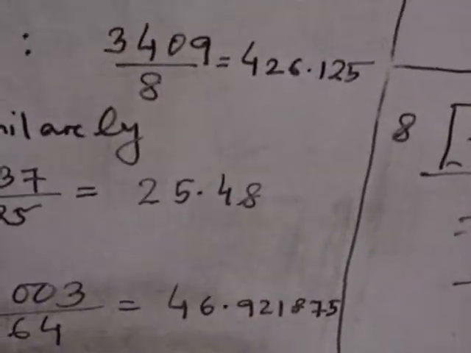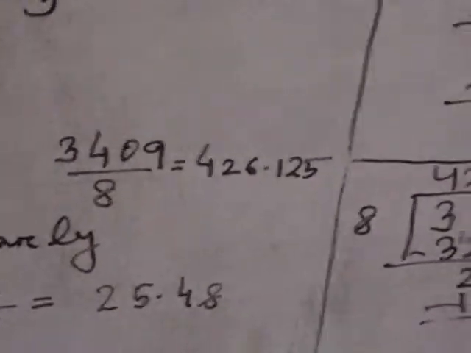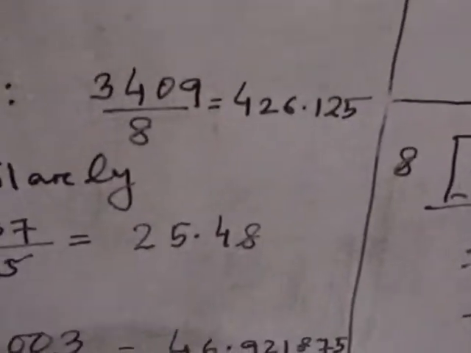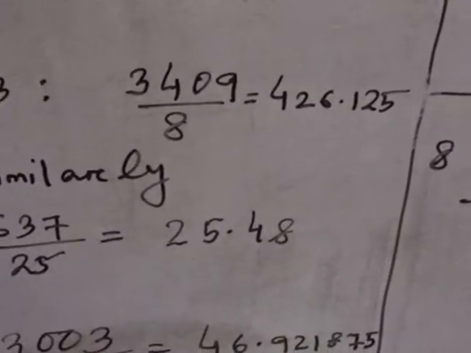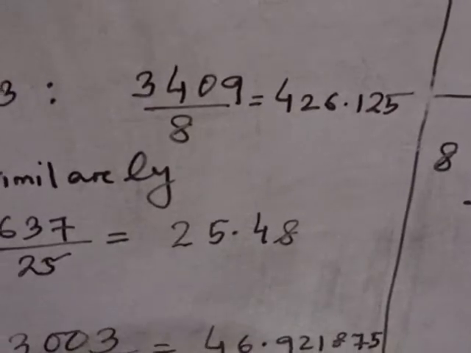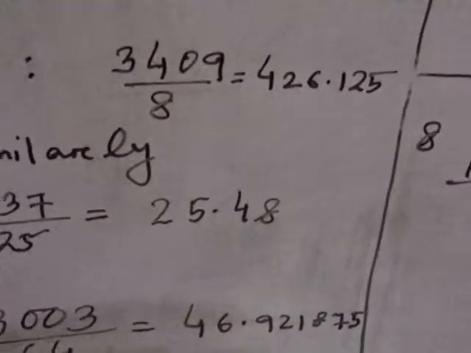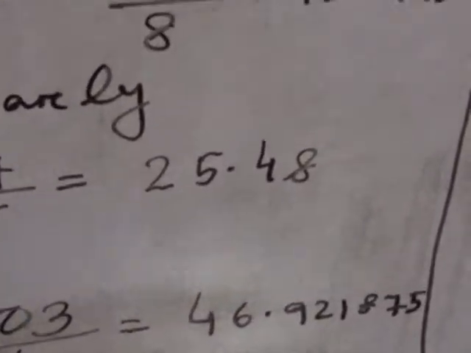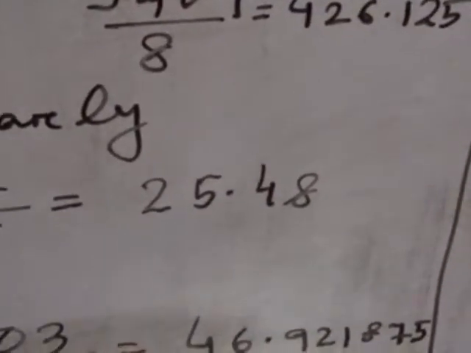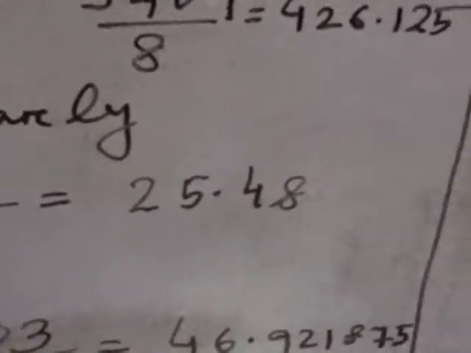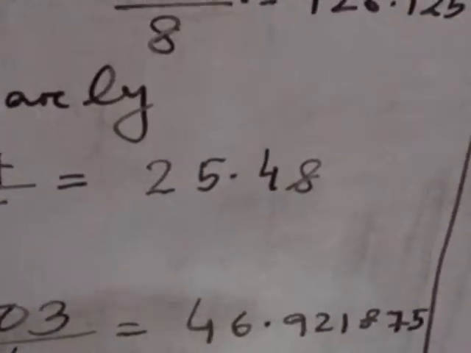So you see in every decimal number, now you see 25.48. There is a decimal point. So this decimal point divides the number into two parts. One is the 25, which is before the decimal point. The number used before the decimal point is a whole number part or the integral part.